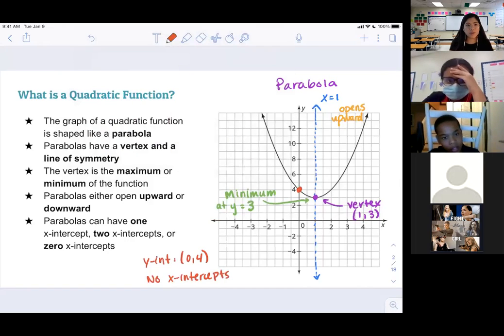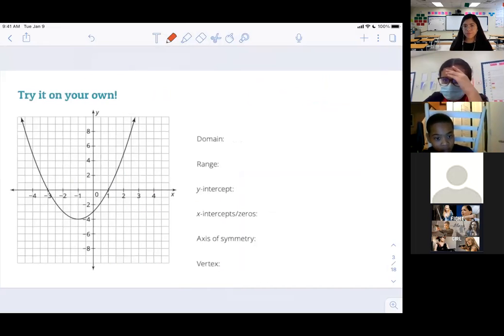All right, so those are the basics. So we're going to do a problem now where it's going to be a different parabola and you're going to tell me everything about it. You ready? Yeah. All right. Now, domain and range, we did not go over yet, so skip that for now. I'll go over that together, but the rest of it, go ahead and take 2 minutes to figure it out, and we'll come back together.